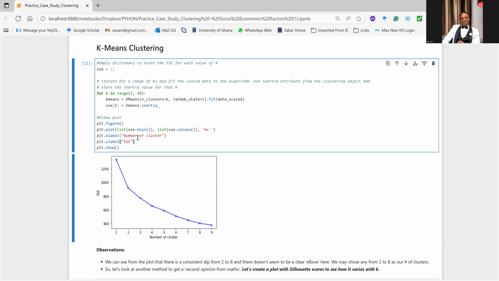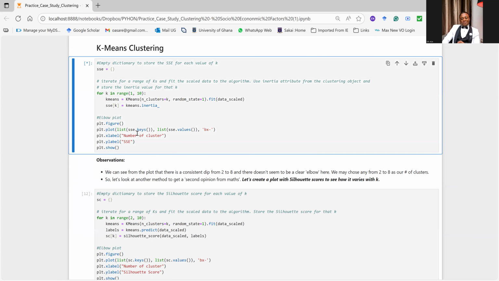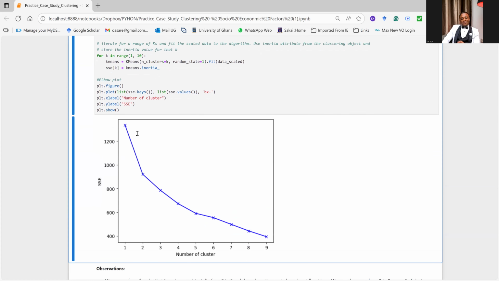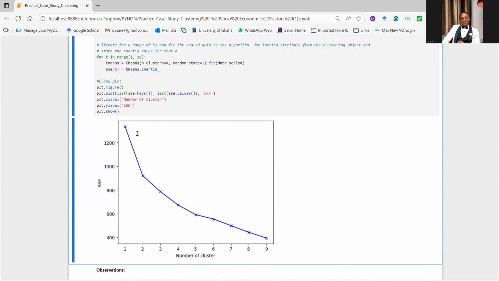So when you run this, let's run it. There you go. So you can see that, based on this, just looking at it, where is the elbow effect? Where does it appear like there is an elbow effect?